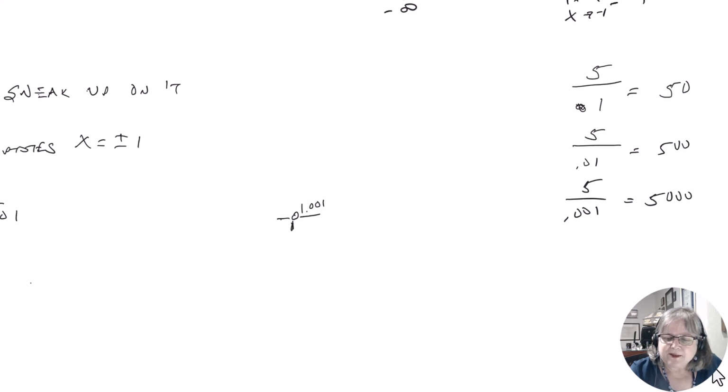So do you see how the smaller the denominator gets, the larger your result gets? It doesn't matter if this is 5 or 50 or any number, divided by a little tiny number is going to give you a huge number. So dividing by a tiny number gives you a huge number.